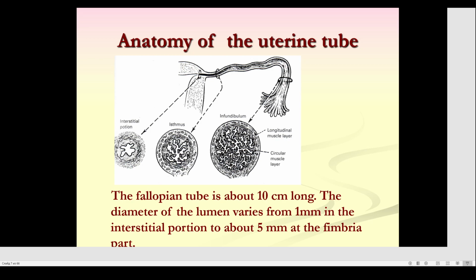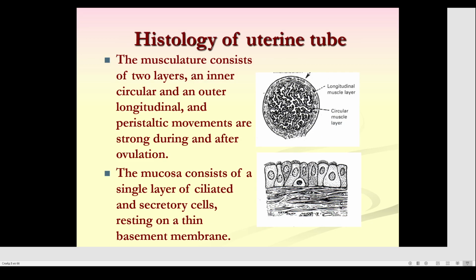In this picture you can see the anatomy of the fallopian tubes. The fallopian tube is about 10 centimeters long. The diameter of the lumen varies from 1 millimeter in the interstitial portion to about 5 millimeters at the fimbrial part. And of course there must be normal function in every part of the fallopian tubes.